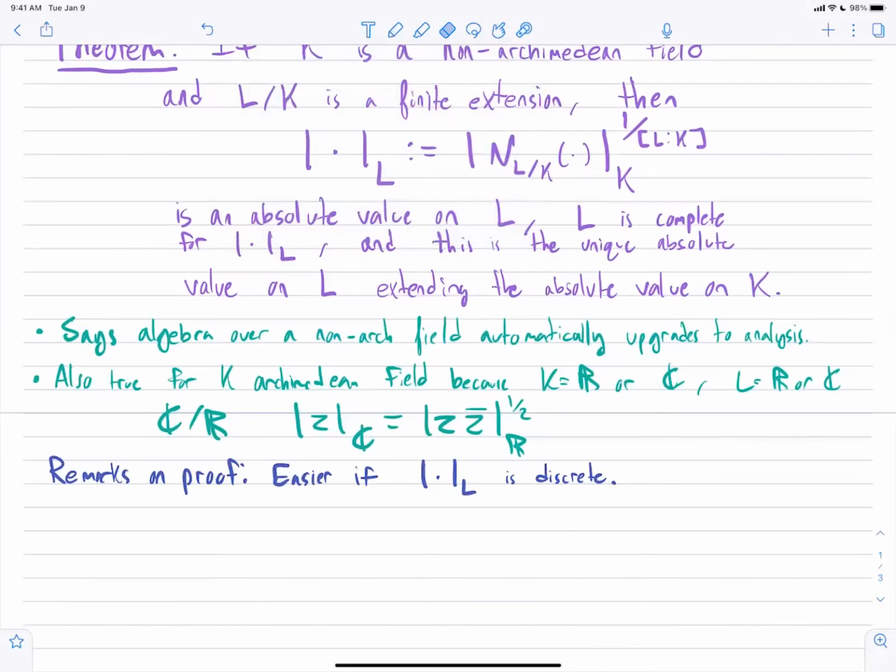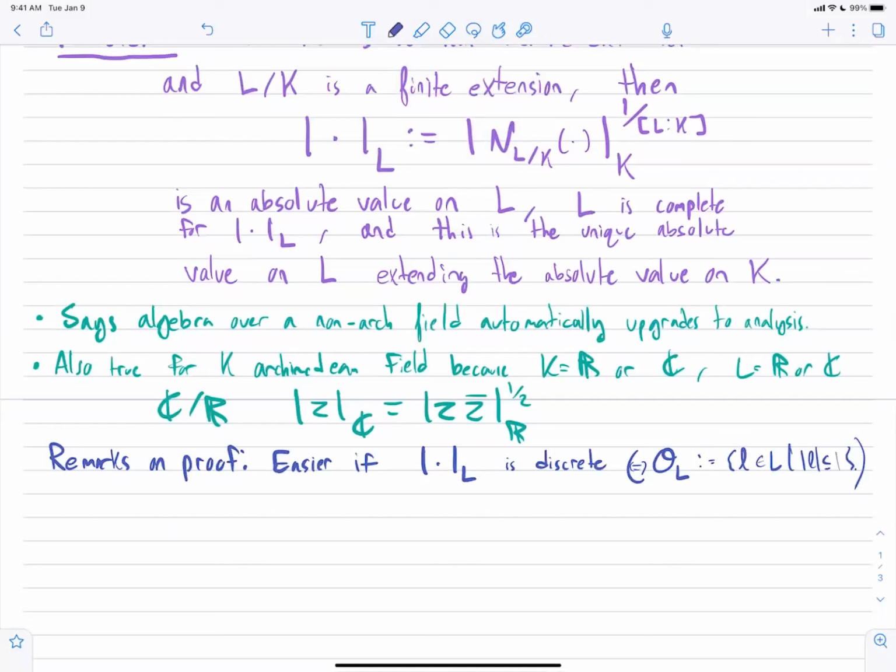this is the same as saying O_L, which is just the set of elements l in L such that the absolute value of l is less than or equal to 1. This is what we call the ring of integers for a non-Archimedean field. One of the exercises last week was to show this is a ring, and there are some more exercises about this thing this week.